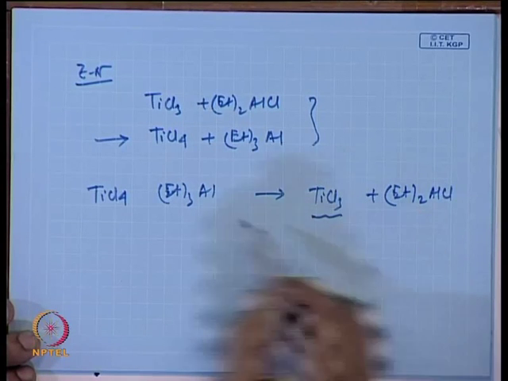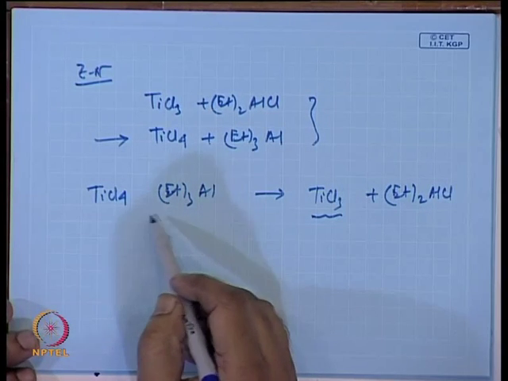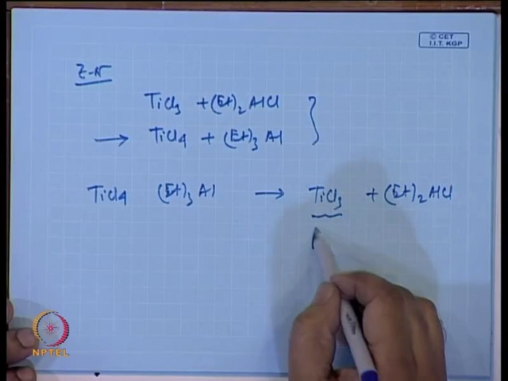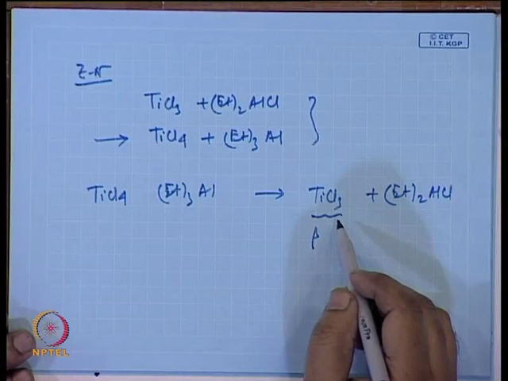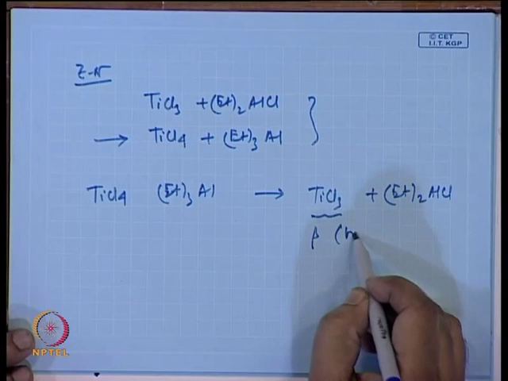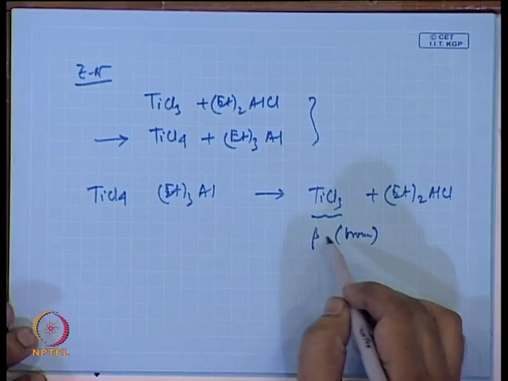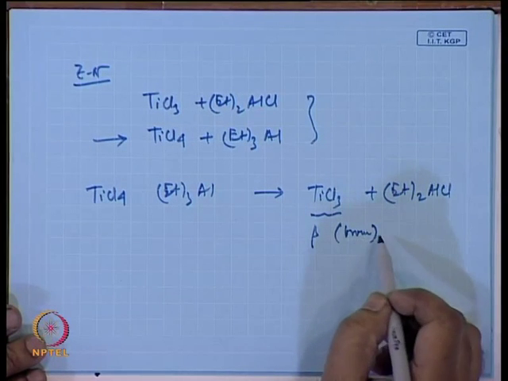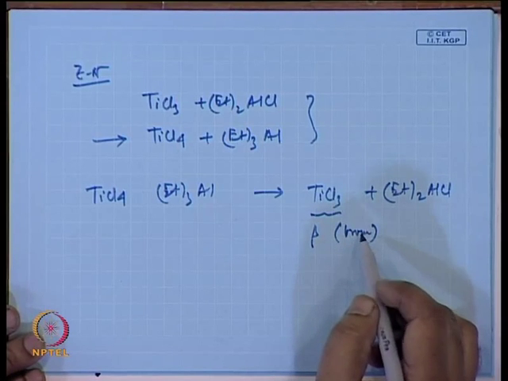When you mix these two, as Ziegler did, this forms a beta form of titanium chloride, which is brown in color. This particular beta form does not have very high selectivity.